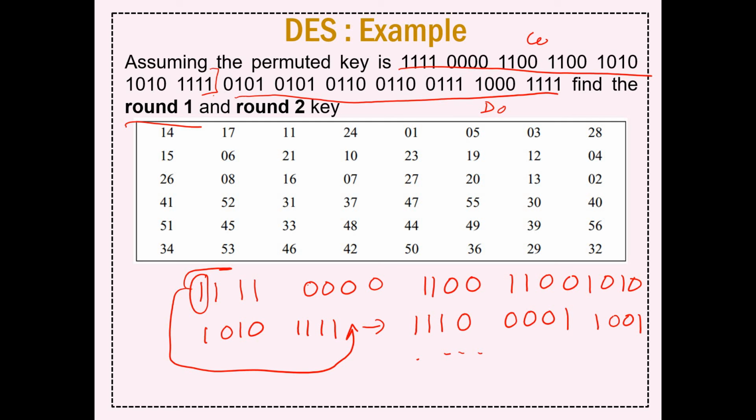What I'm asking is, this is my C0 part. This is my D0 part. As per round 1, there will be one bit left shift for C0 and D0. So the left bit is 1. So this one should go and add up over here. That's what I've shown.